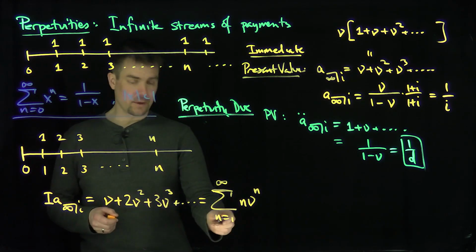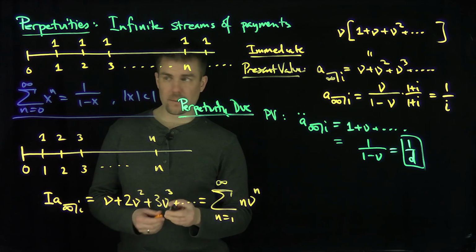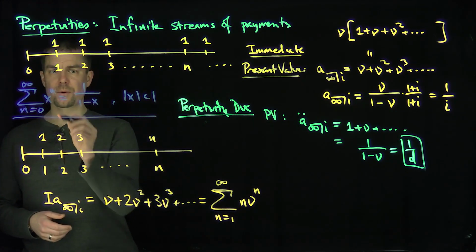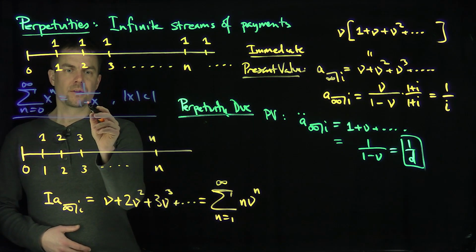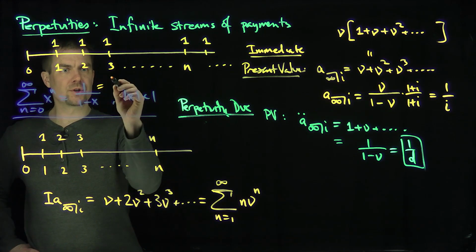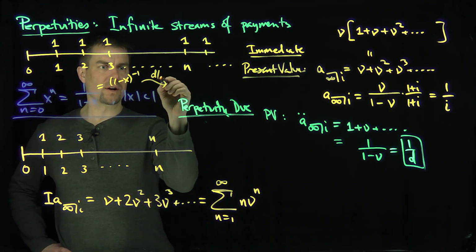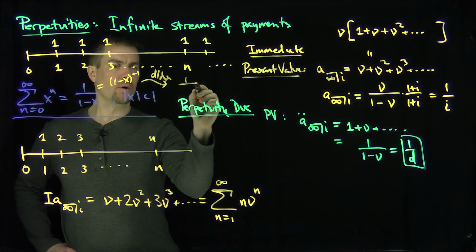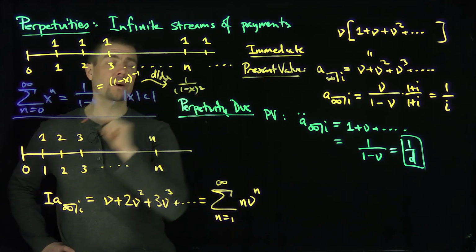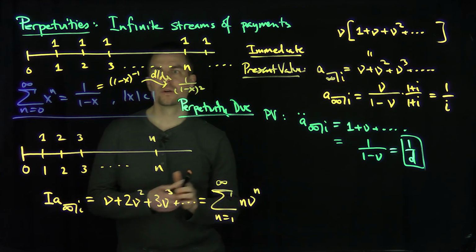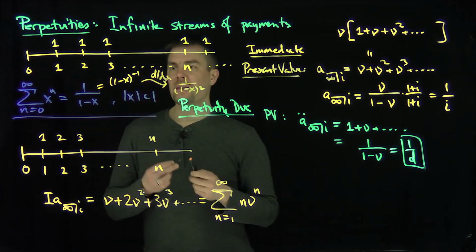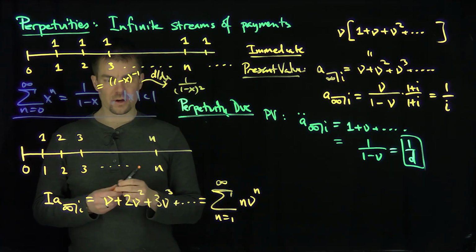Now, I could also start this sum at 0 if I wanted to. The cool thing is that if I take the derivative of the geometric series formula, which is just 1 minus x to the negative 1, then by the chain rule I would just get 1 over 1 minus x squared.